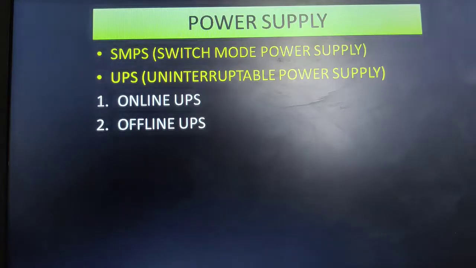If I'm using any kind of battery, UPS battery, online or offline, or an inverter, whatever current passes from that 3 pin electrical socket, that alternating current will reach the battery. The battery will internally convert that alternating current into DC, that is direct current, and then the direct current will be provided to the computer system as the power supply. So this is basically the idea of power supply.